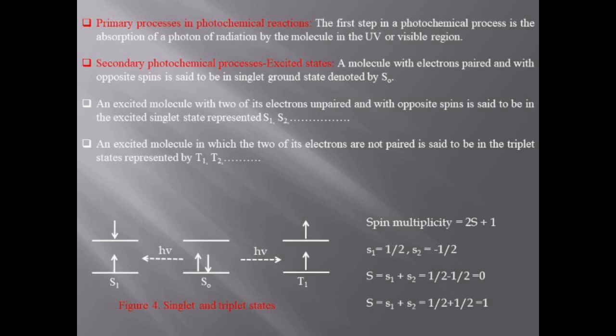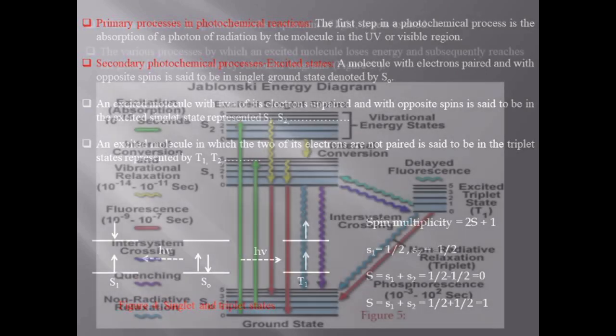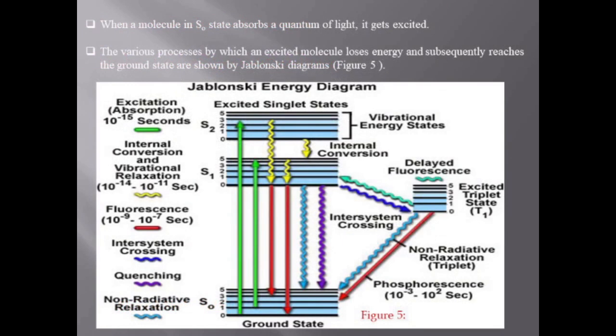Spin multiplicity can be calculated using 2S plus 1. When a molecule in the S0 state absorbs a quantum of light, it gets excited. The process by which the excited molecule loses energy and subsequently reaches the ground state is shown by the Jablonski diagram.